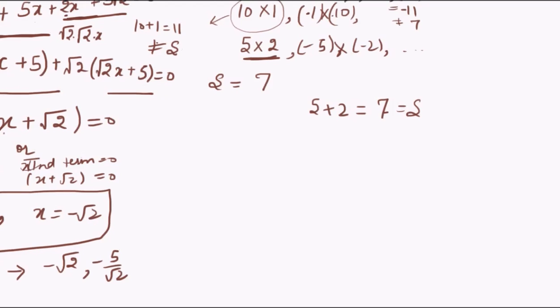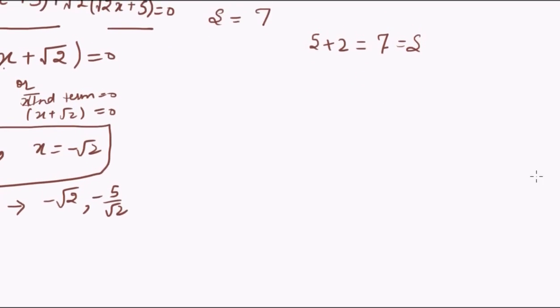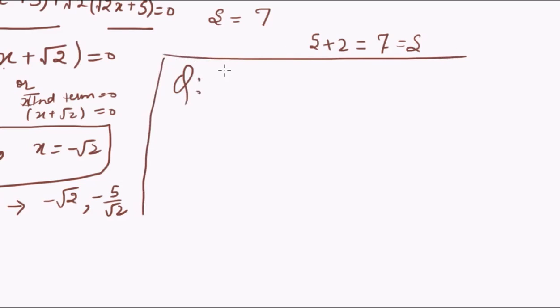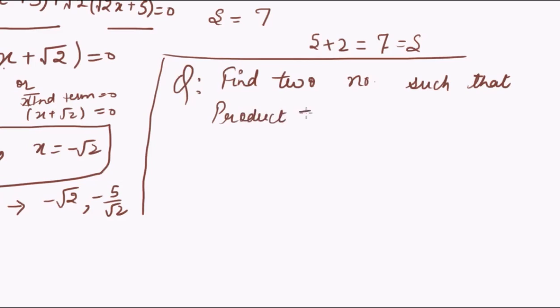Let us have a statement based question which says: find two numbers such that the product is 182 and the sum is 27.